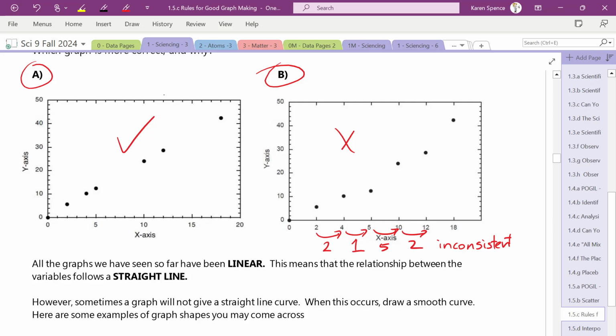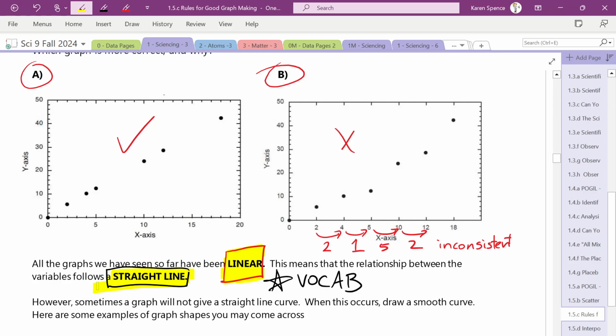Here is a new vocabulary word. Linear. And linear means that it goes in a straight line.